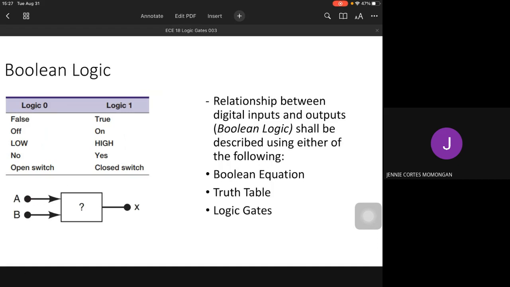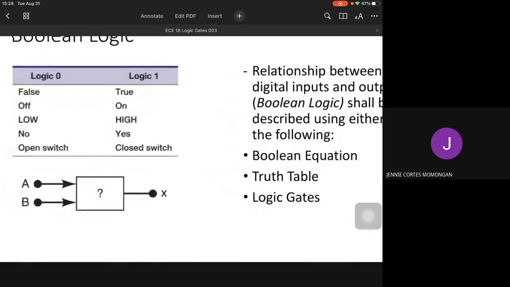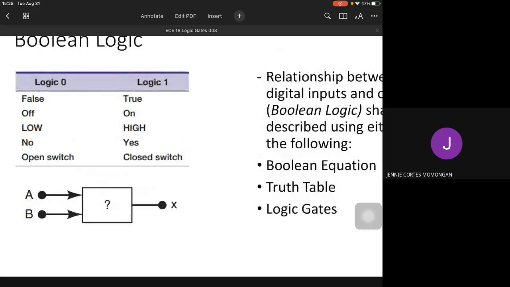So, Boolean logic is the relationship between digital inputs and outputs. And it will be described using either of the following. We have three methods to describe input-output relationships or Boolean logic: the Boolean equation, the truth table, or the logic gates. Any of these three would signify the same relationship between inputs and outputs.